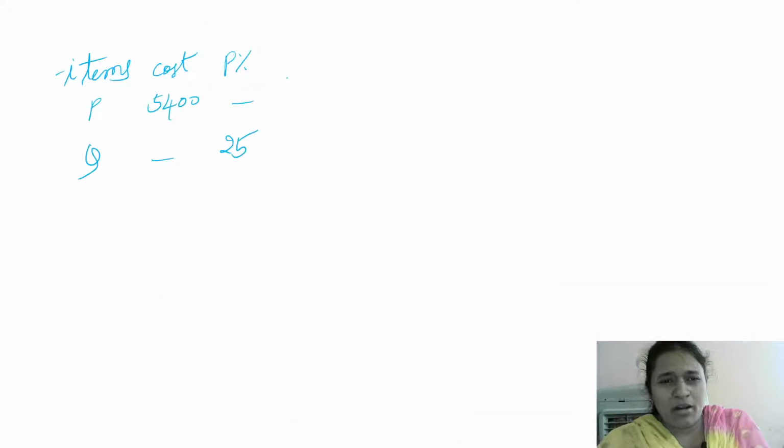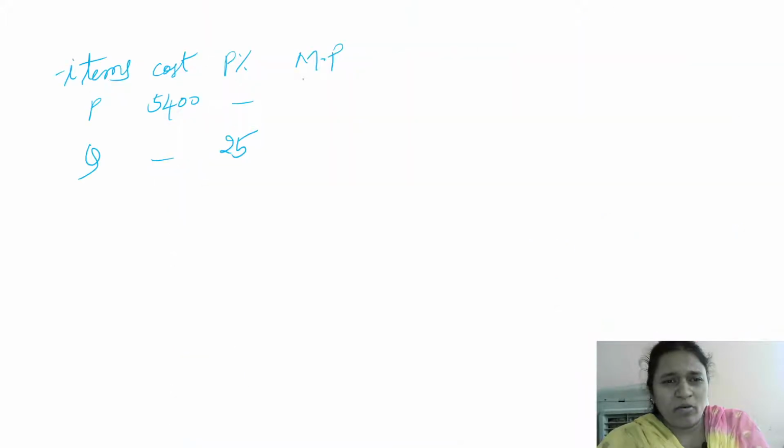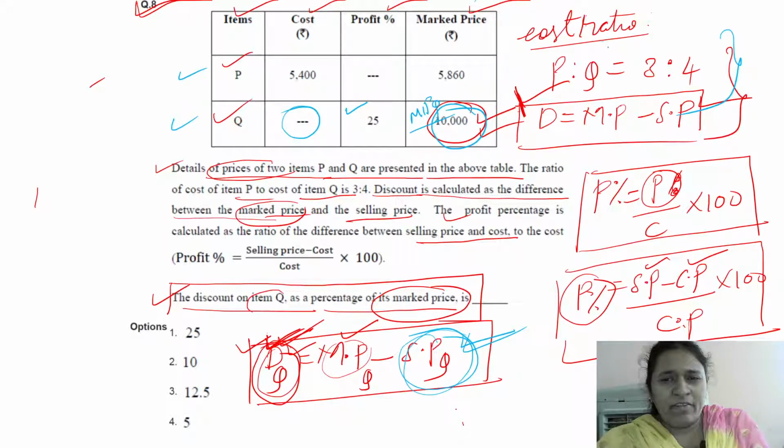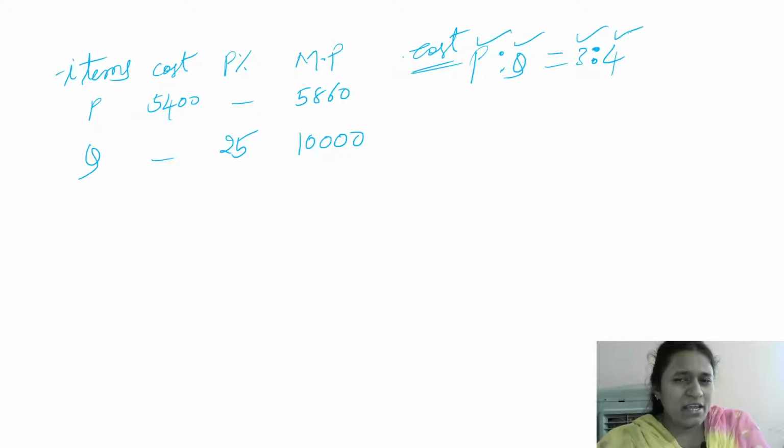And the next one is market price: 5,860 and 10,000. This is 5,860 and this is 10,000. We already know one more data given in the question, the ratio of cost prices, P to Q, that is 3:4. That means the ratio of their costs is 3:4.